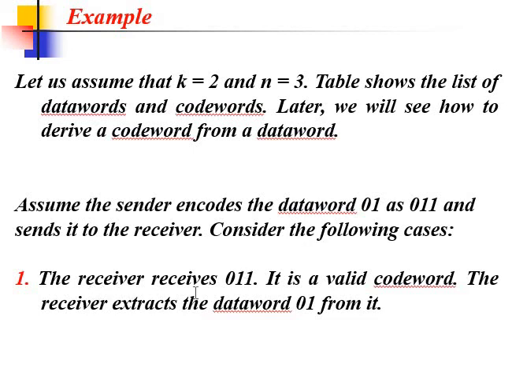The receiver receives 011 and it is a valid code word. The receiver extracts the data word 01 from it. It means when the receiver gets 011, it will extract this particular part, and the original message will be 01, which is a valid message, so it can find that there is no problem in the message.